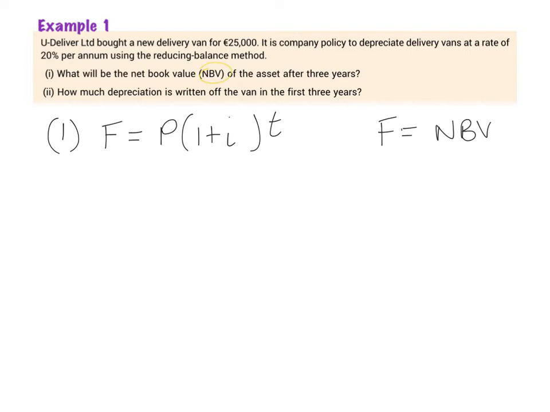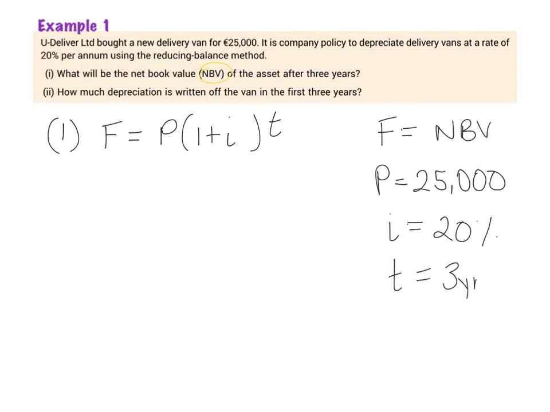P is going to be the present amount of this. So it's the 25,000. Okay, it's the amount that the delivery van is worth. And then you're going to have that we have the interest rate is 20%, I is 20%, and the time that we're depreciating the asset over is 3 years.